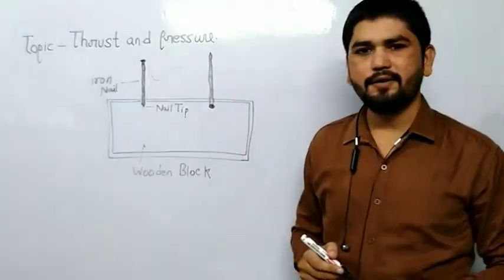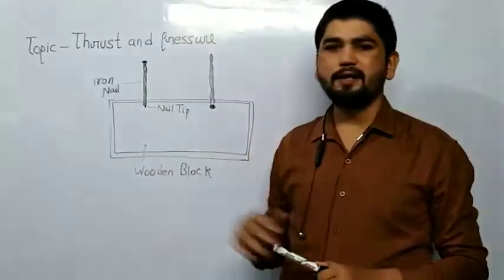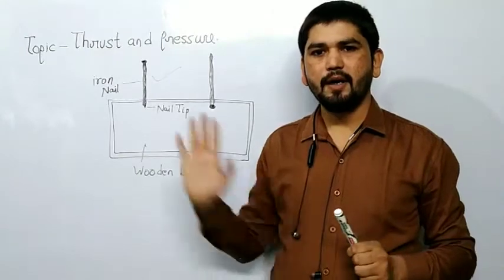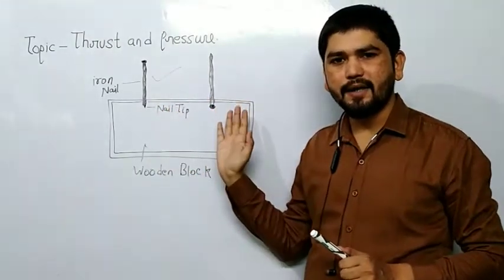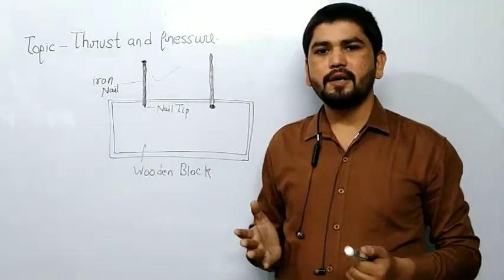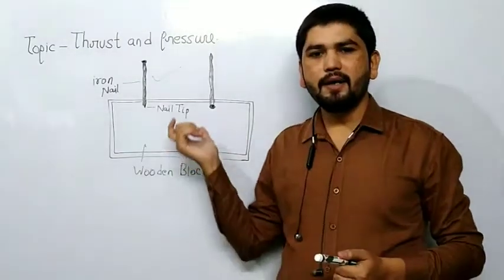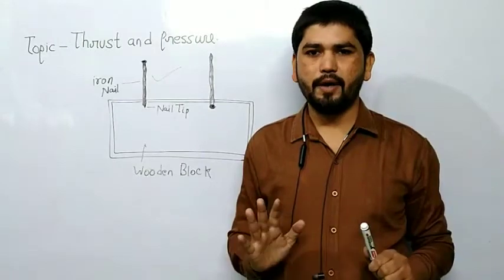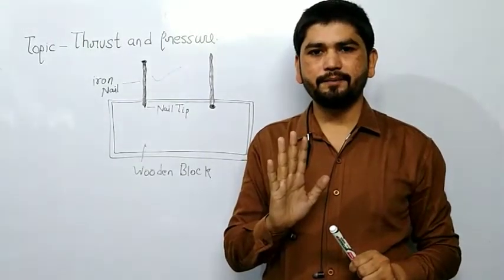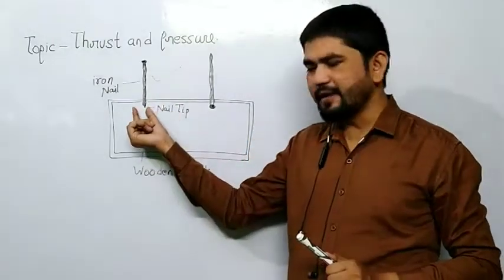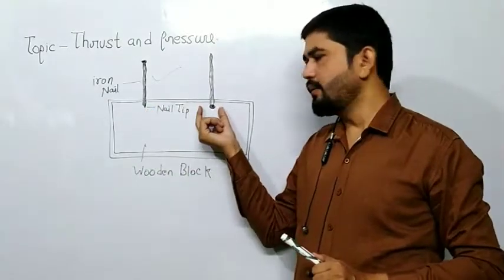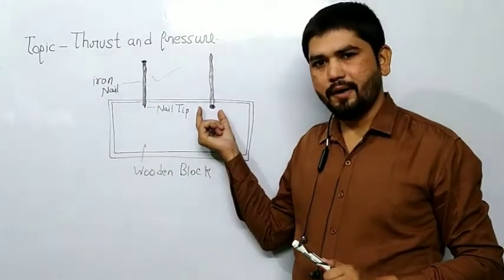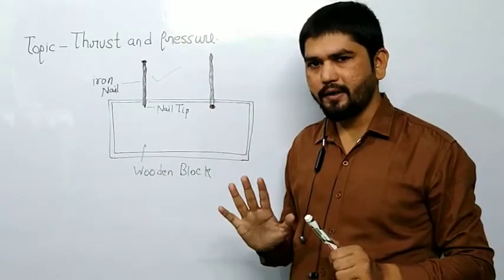This activity is easier because here less force is required, but in the second one more force is required to embed this iron nail into the wooden block. Okay, you understood this? Here less force is required, here more force is required. Okay guys? Okay? Yes.